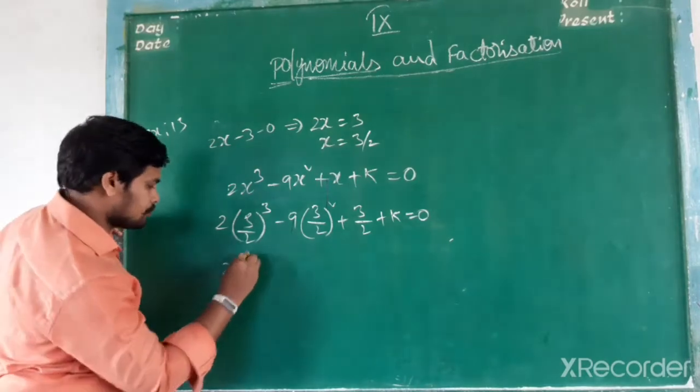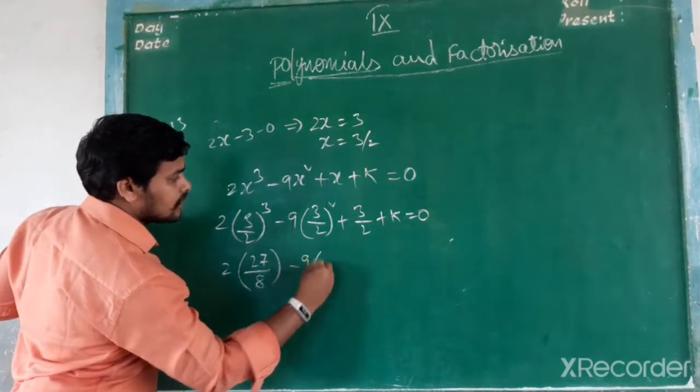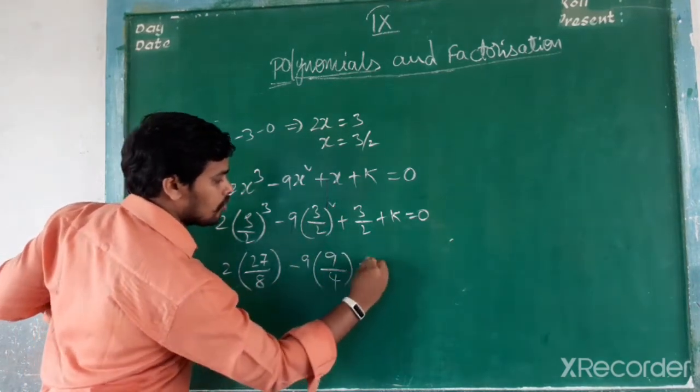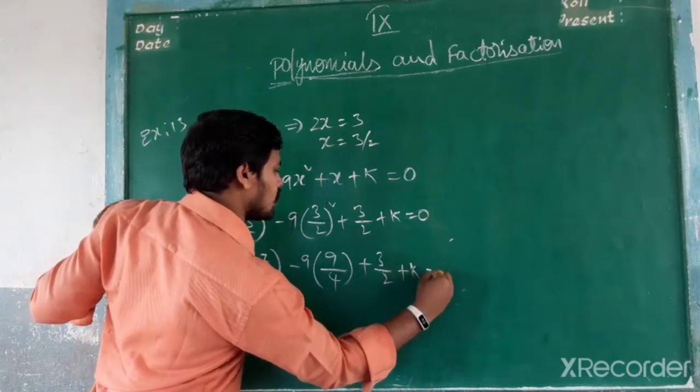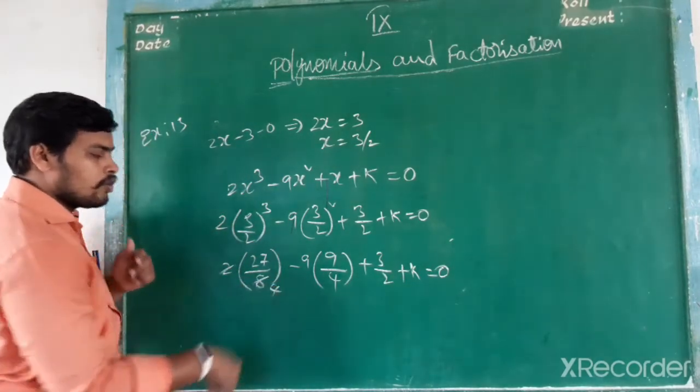3 cube value 27, 2 cube value 8, minus 9 into 3 square value 9, 2 square value 4, plus 3 by 2 plus k equal to 0. Okay, 2 into 8, 4 times.